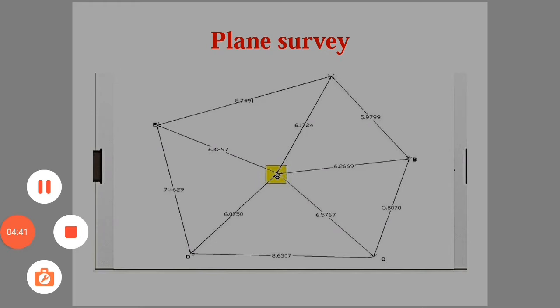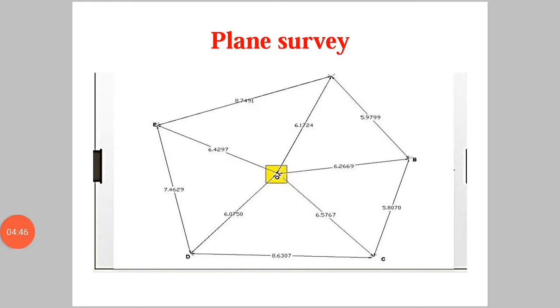So first is the plane surveying, right? It is the type of surveying in which Earth's surface is considered as a plane, and the curvature of the earth is ignored.